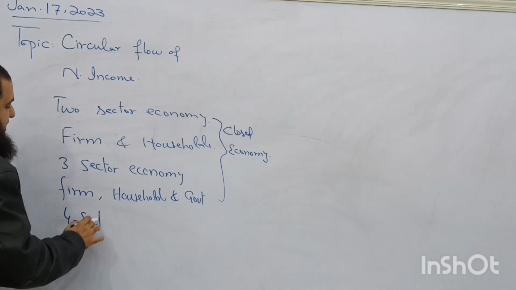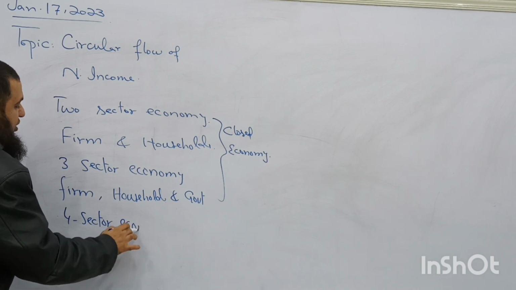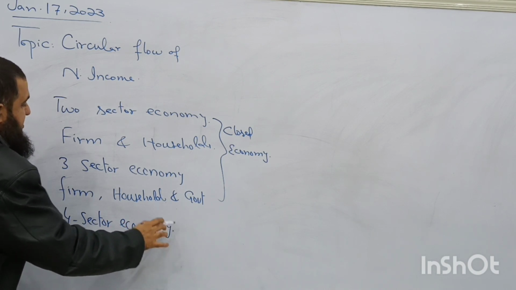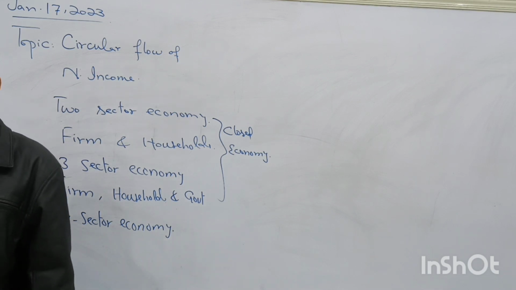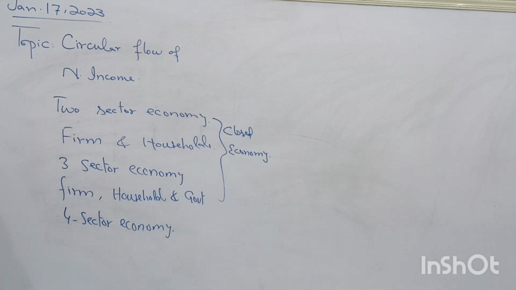Whereas the four-sector economy is what? What is the four-sector economy? In this case, we have international trade with the rest of the world. What is international trade? Exports and imports.